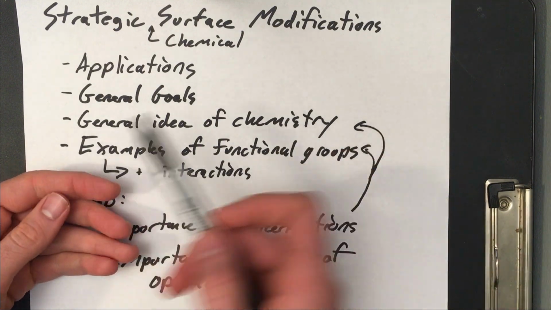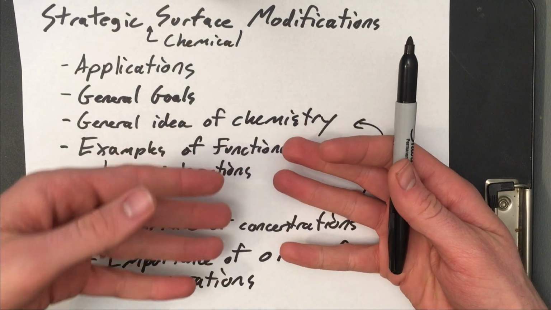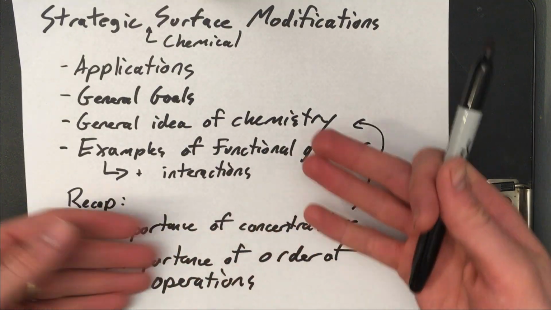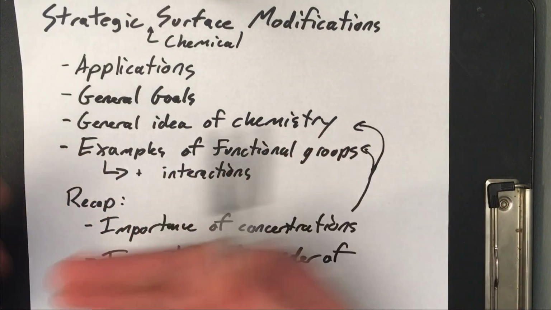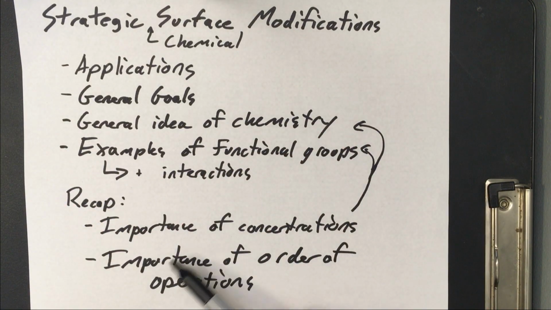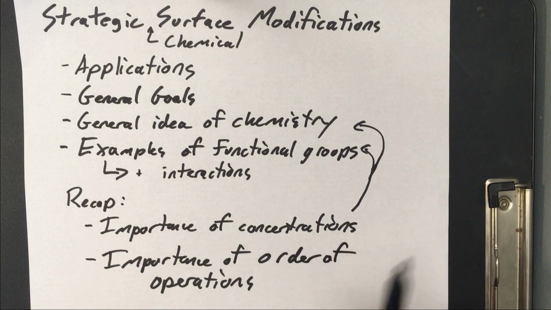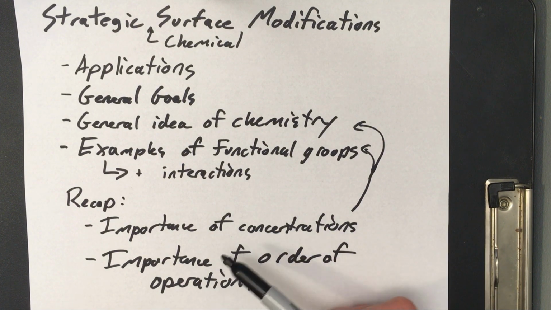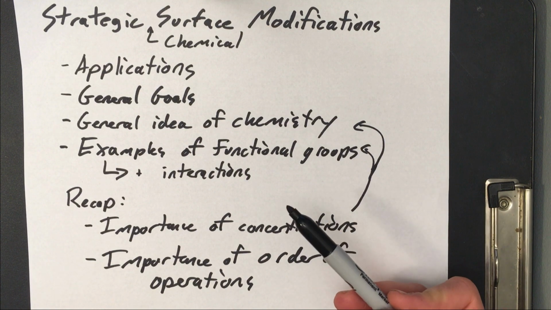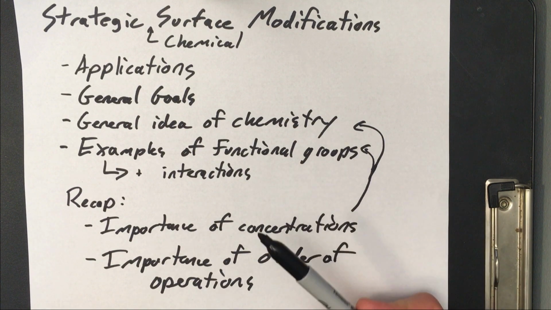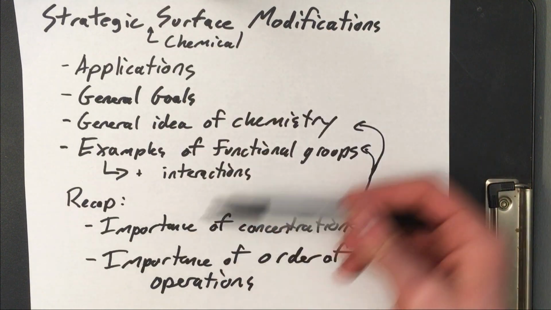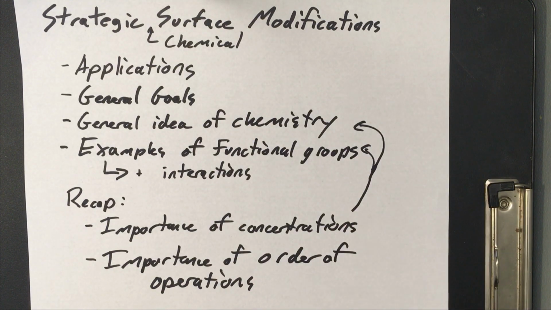Does it matter if we do ABC to the surface or ABC to the desired molecule or CBA to the desired molecule? How does the order impact the eventual functionality or the eventual quality of the attachment of the molecule to the surface, the function of the molecule that we attach to the surface, etc. So this is our general plan for the lecture today.